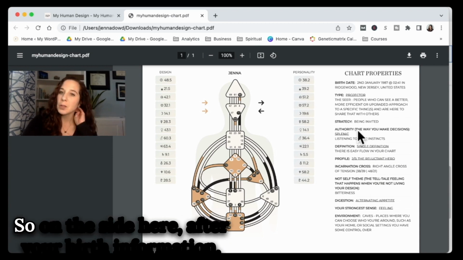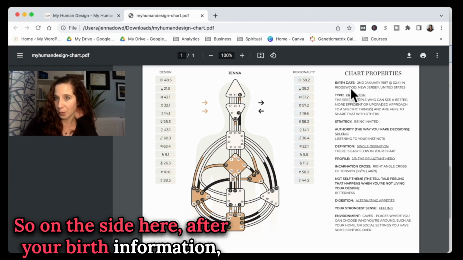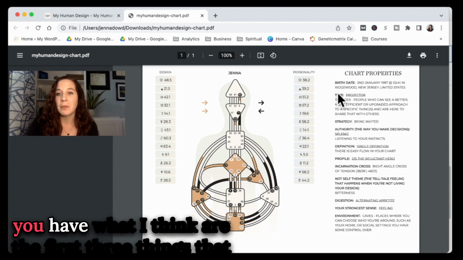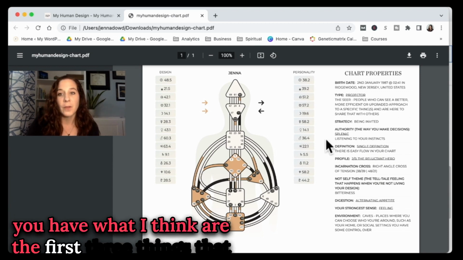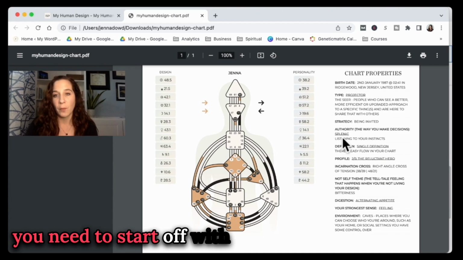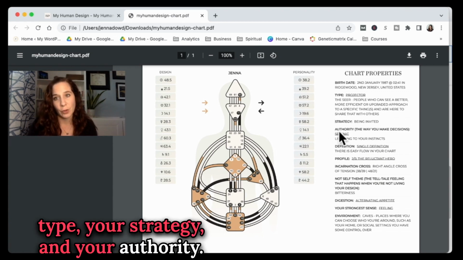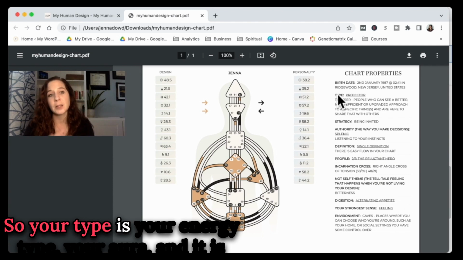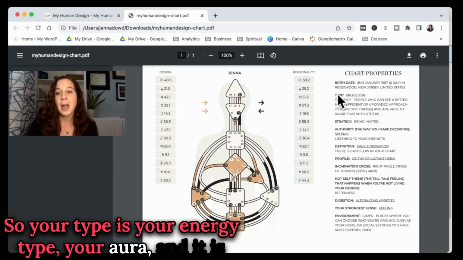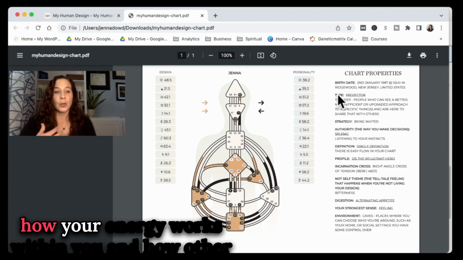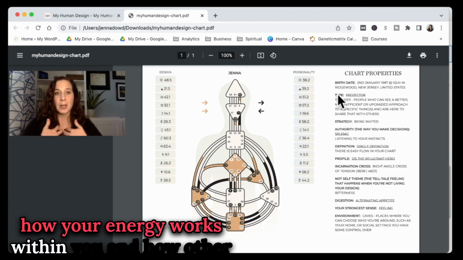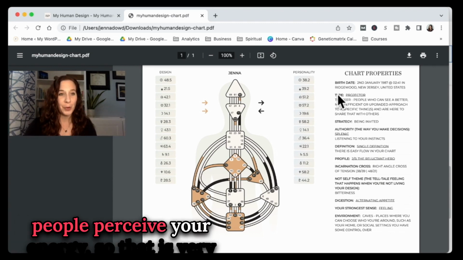So on the side here, after your birth information, you have what I think are the first three things that you need to start off with if you're new to human design, and that is your type, your strategy, and your authority. Your type is your energy type, your aura, and it is how your energy works within you and how other people perceive your energy.